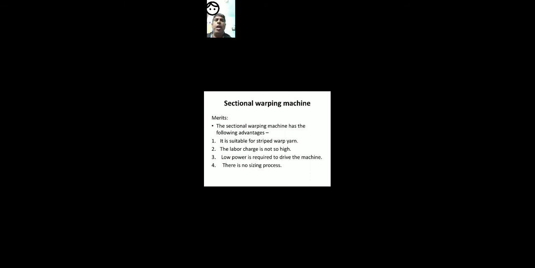The labor charge is not so high. For sectional warping machine, the labor charge is not very high because the whole machine is highly sophisticated and labor has not much work to do, so labor cost will be very less.